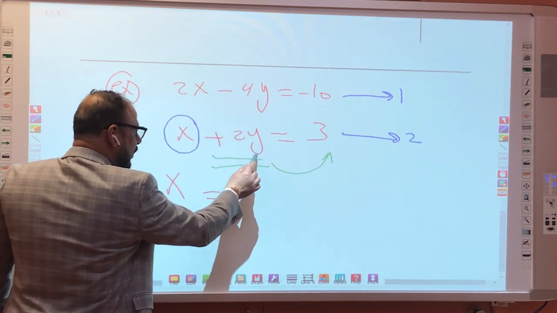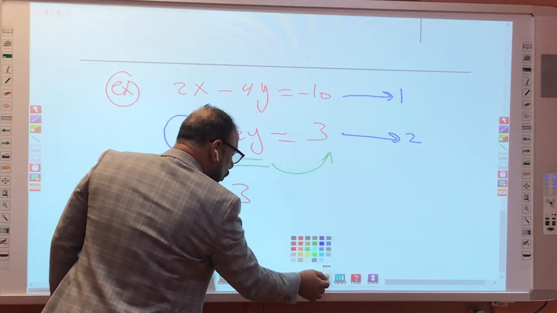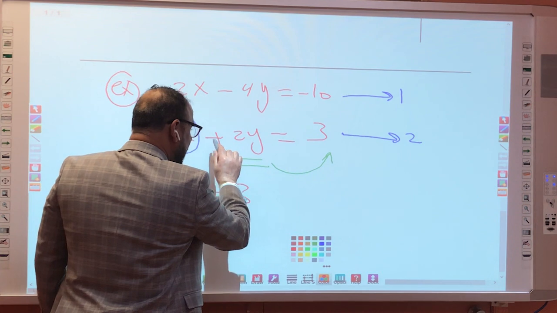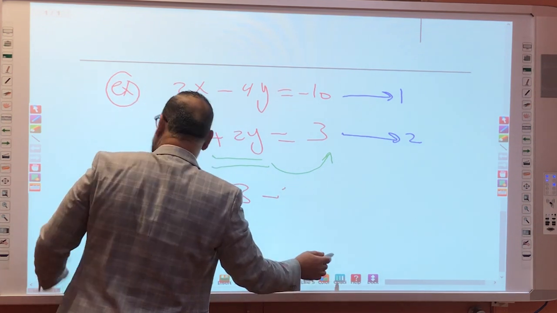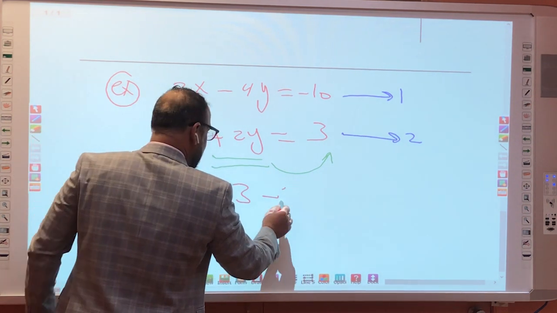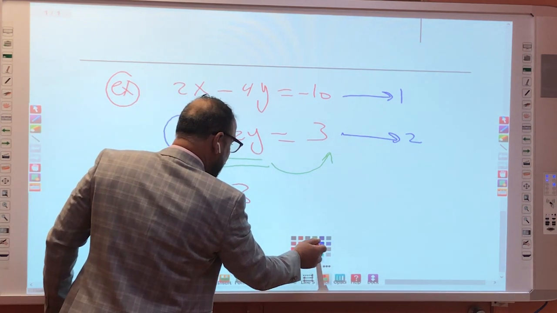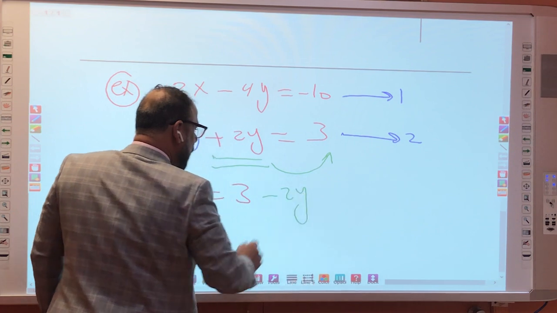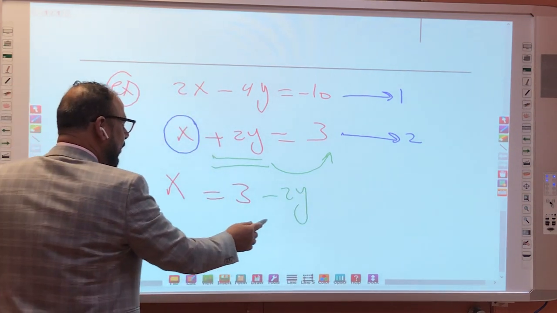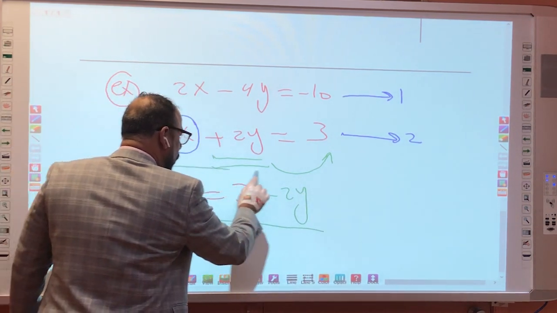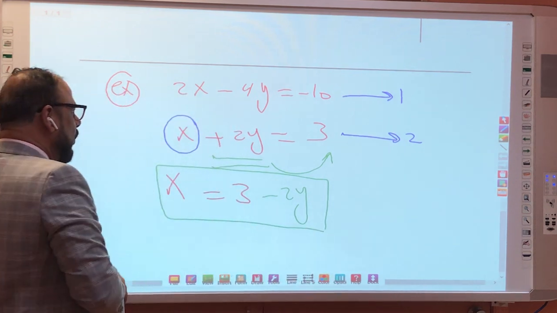The only one I'm going to change the color of is the 2y. I'm going to make the 2y green. It's positive, now negative 2y. Okay. Now I have my second equation solved for what?